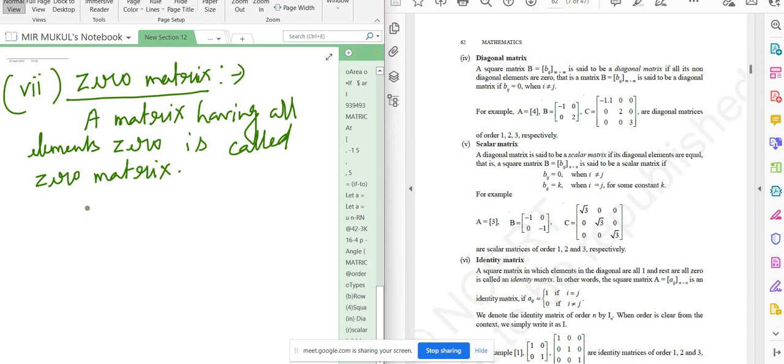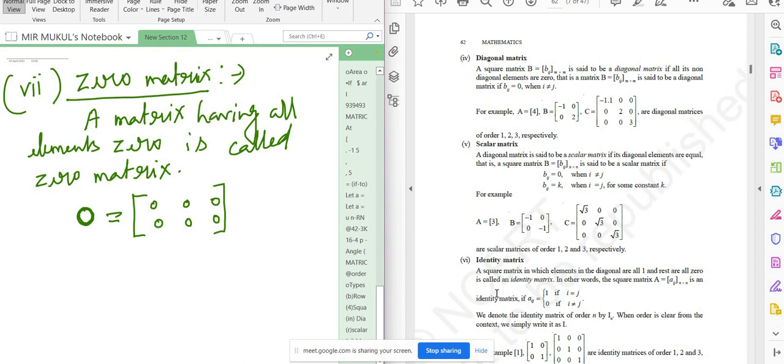The zero matrix is represented by a dark O, like 0, 0, 0, 0, 0, 0. It is not the number 0, it is a dark O, or you can give one bar, because a matrix is one kind of figure and has no value.